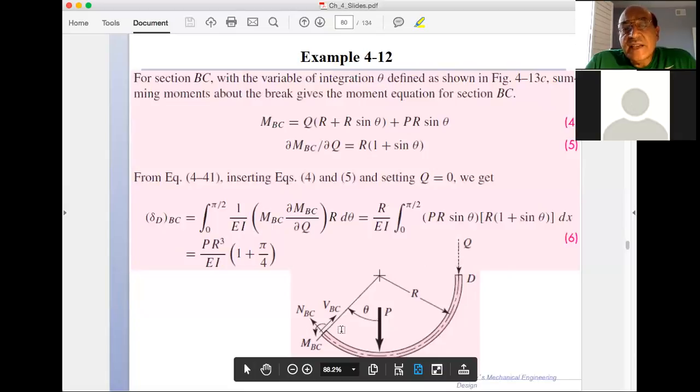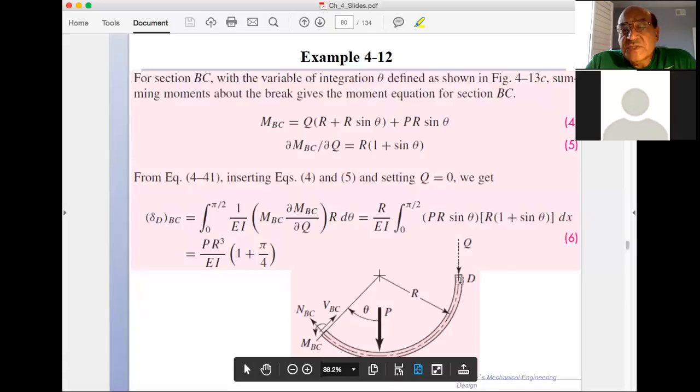So at that cut, I have to introduce a shear force V_BC and a normal force to the face, N_BC. And then in addition to that, I introduce the moment at BC. Again, the contribution to energy due to the shear and the normal will be ignored because it's a very thin wire, and then we just keep the moment.